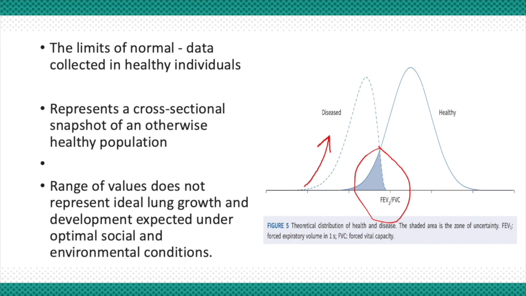In these diseased populations there may be one area where the range of values will not represent the ideal lung growth, and in these places neither the cutoffs nor the 5th percentile would be used as an absolute diagnostic criterion, because there will be a risk of considerable overlap in the range of values. And this group of population, especially patients with COPD who had early life exposures or environmental influence which affected the lung growth, the use of percentiles may still not be the most adequate.